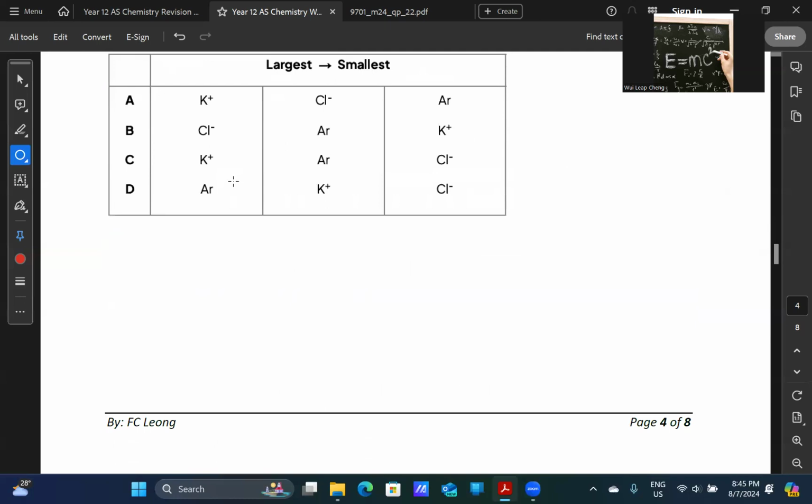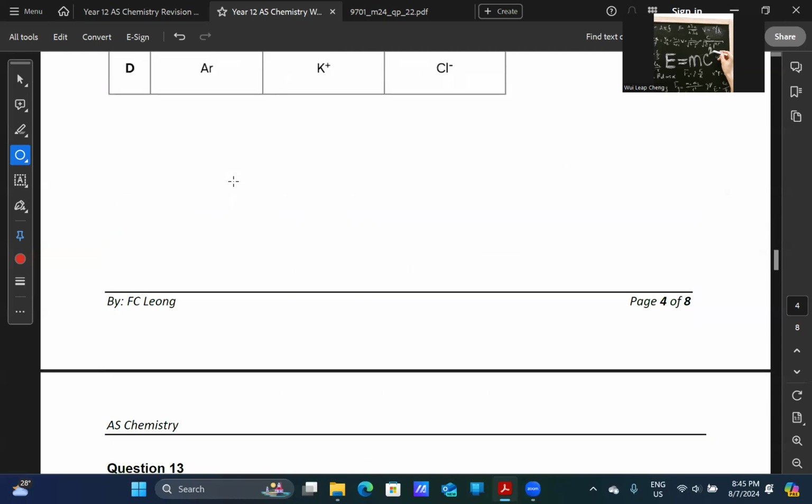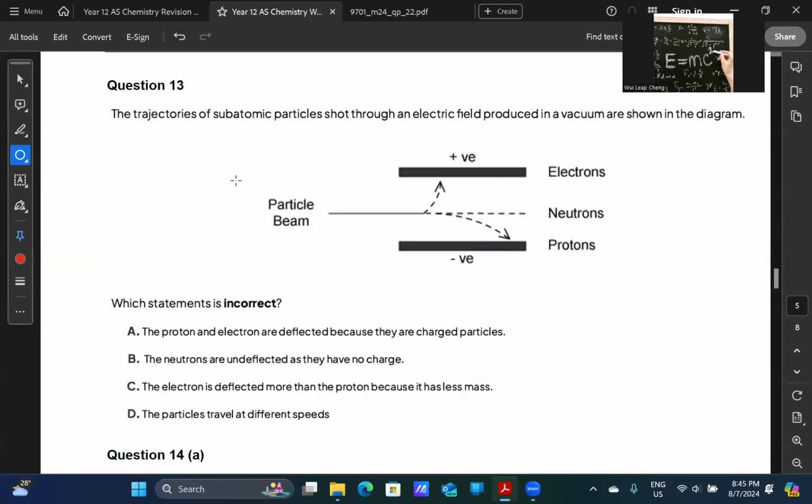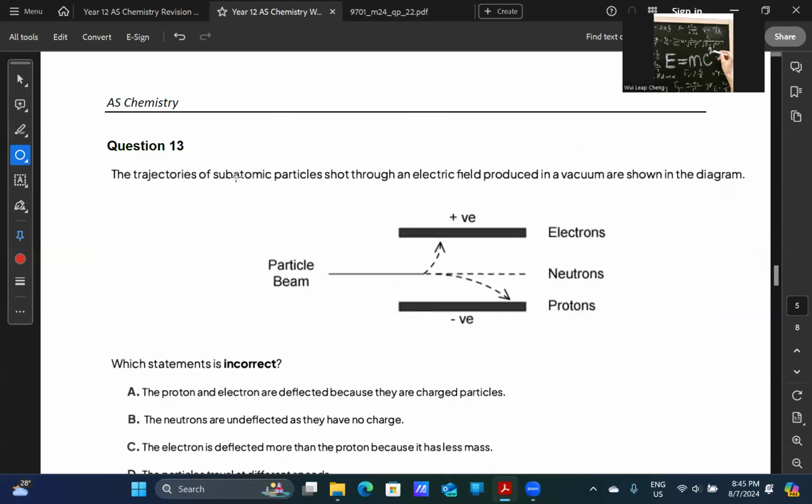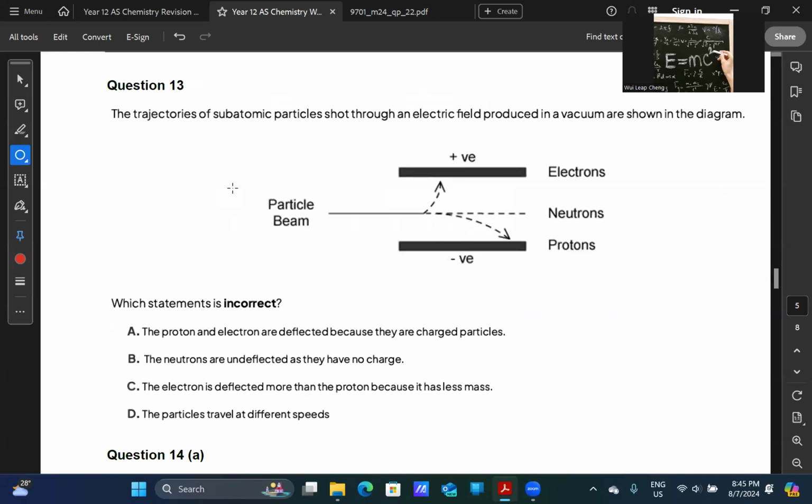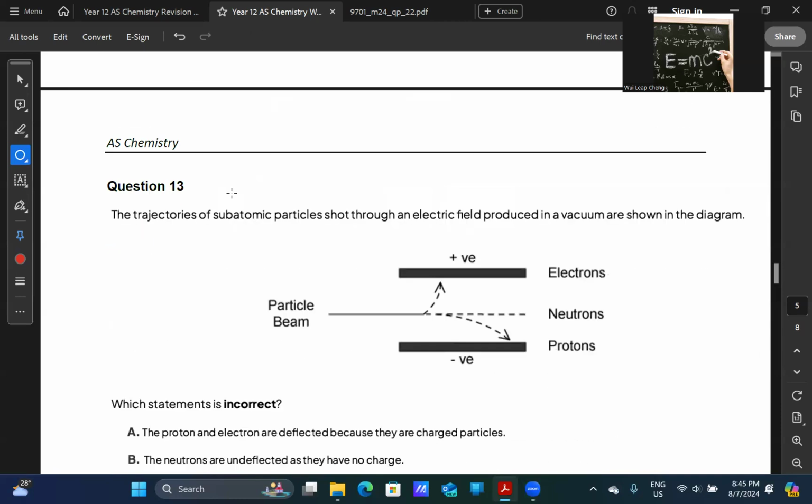You can do it by yourself. If you encounter a problem, please share your question through our WhatsApp group. I will share the answers with you at the end of the lessons. You can also cross-check your answer with the file I will send to you later on.